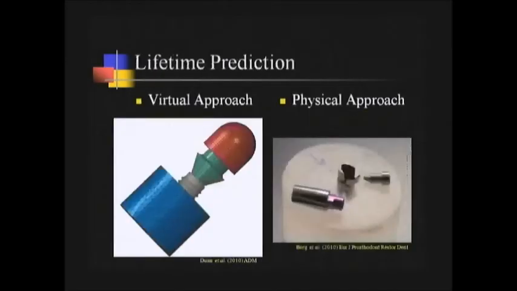And that's the main point I want to talk about today, is lifetime prediction. And I'll tell you a little bit about there are two approaches. There's a virtual approach to lifetime prediction and a physical approach, and we will concentrate on the physical approach today.